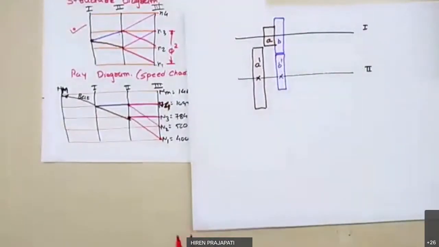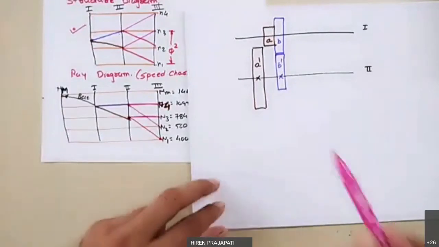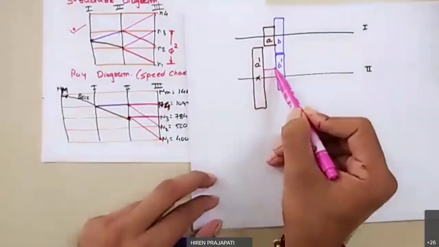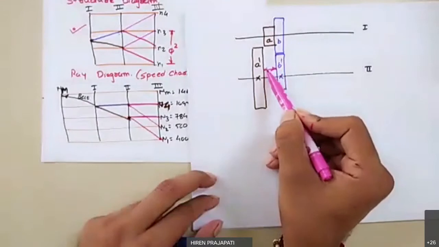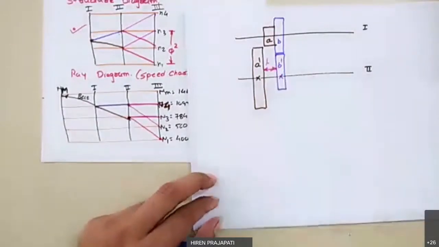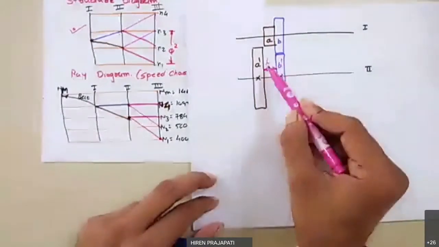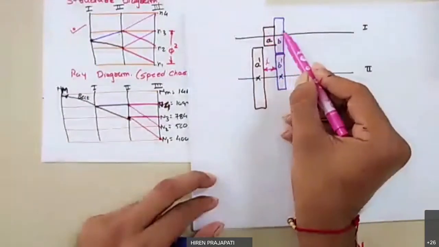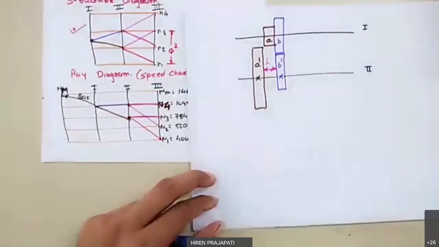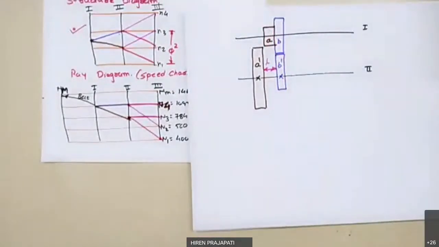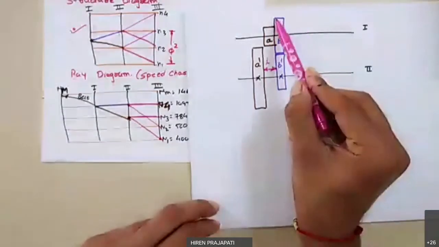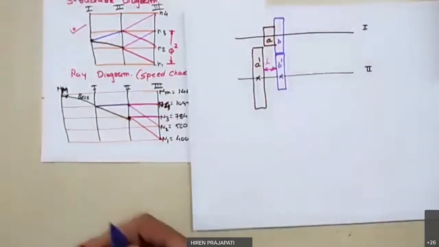And if you remember our condition, this L, between two successive fixed gears, should be more than the thickness or the width of this gear cluster. So we need to remember that. But how will you get this thickness?